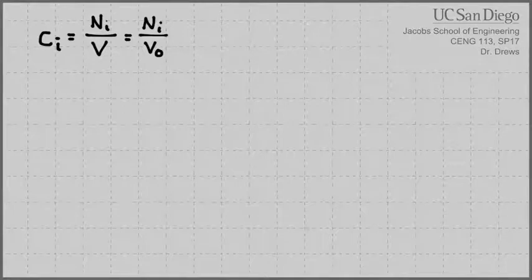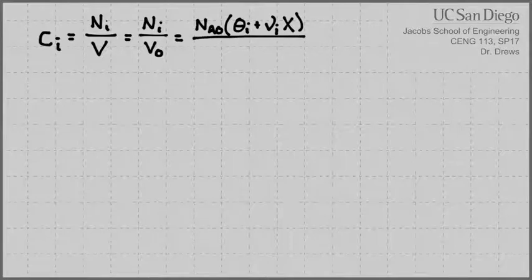So we do have an equation for n sub I. The general form of n sub I is n sub A0 times theta sub I plus the stoichiometric coefficient times x, divided by V sub 0. As long as you're dealing with a constant volume batch system, this equation holds.